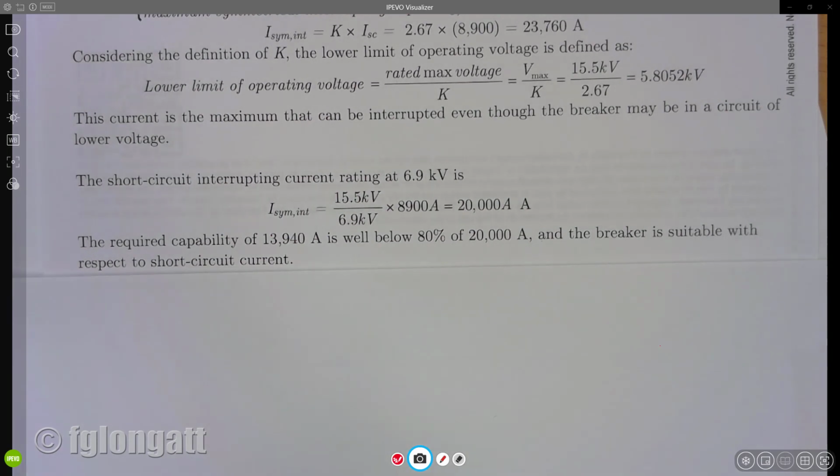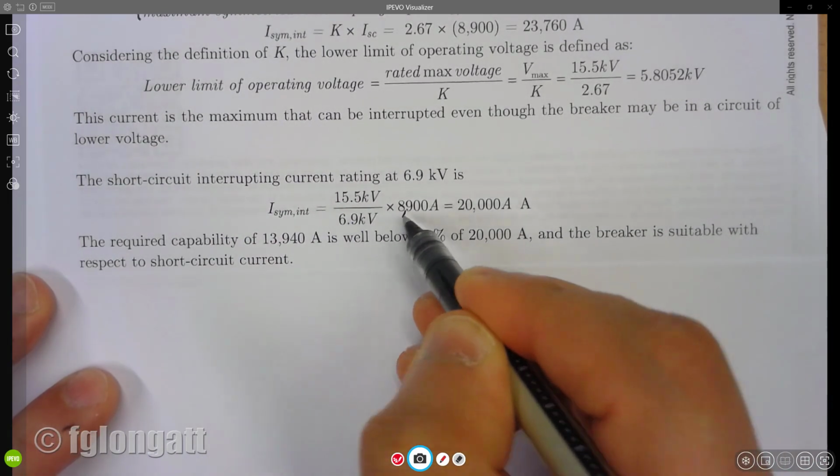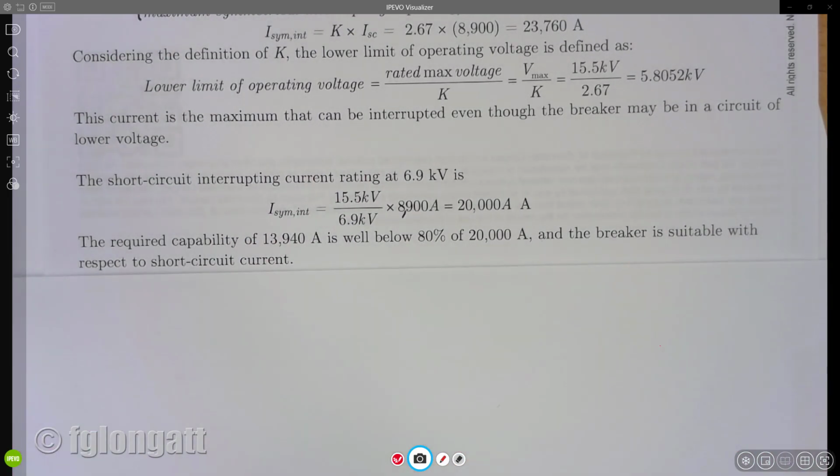The question is, what is the maximum symmetrical interrupting capacity at that voltage level? What we need to do is very simple. We know that the short circuit current at maximum rated voltage is 8.9 kiloamps.